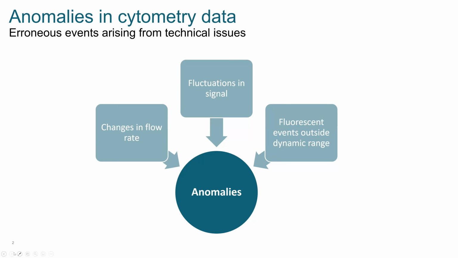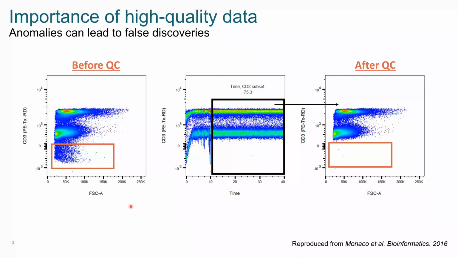So let's look at some examples where these anomalies might wreak some havoc. Here we're trying to illustrate the importance of high quality data, and how if you don't do a good cleanup, or at least some cleanup, on your samples, you can introduce anomalies that lead to false discoveries. This is a series of flow plots that I took from a publication describing the Flow AI cleanup tool.